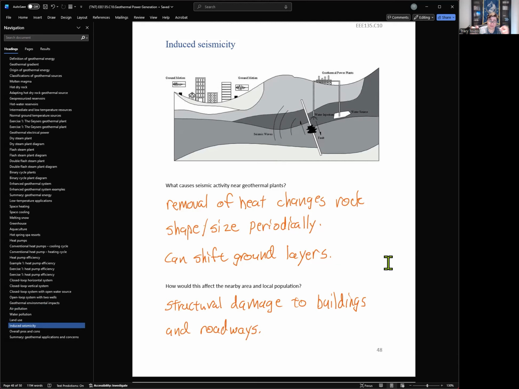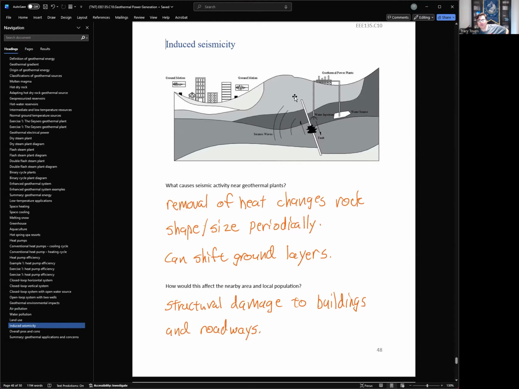So if you do it enough at a large scale, you can shift the ground layers. Literally, the rock bed underneath could shift a few inches to the left or the right or up or down. As you shift a little bit, you're going to cause little mini earthquakes. Okay? It's not going to be huge, but you will shift things and then it'll propagate outwards from your site. And if you have a town nearby, they might feel that earthquake.